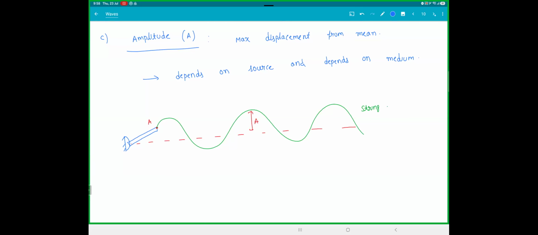The next thing: how do you represent a wave mathematically? That's where we get a wave equation. So the idea is here. Remember we said let's take y. What is y? Again, y is not the y coordinate. It is a property.